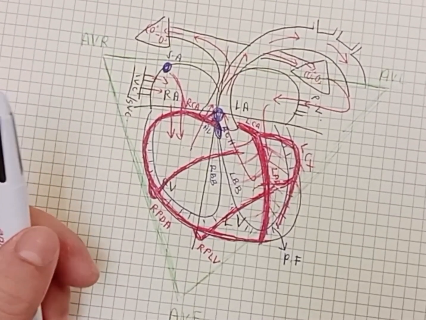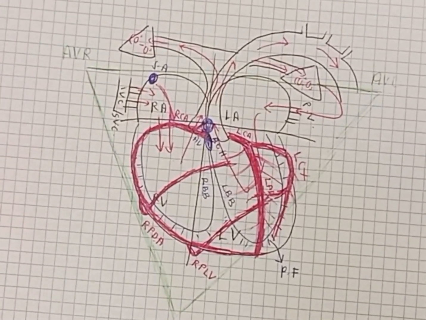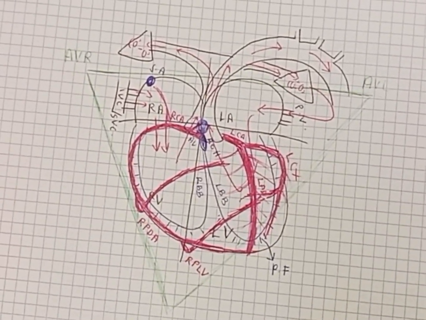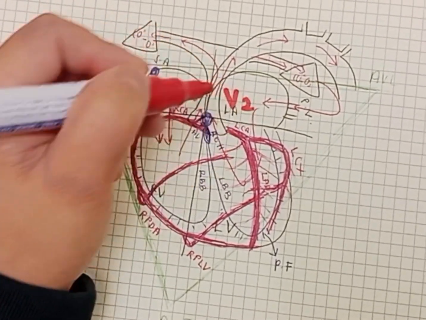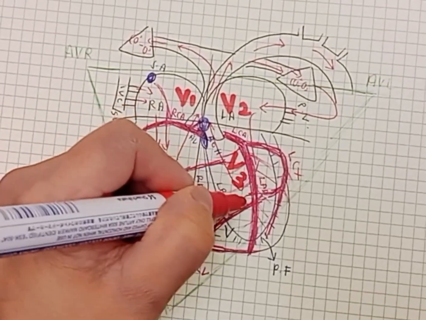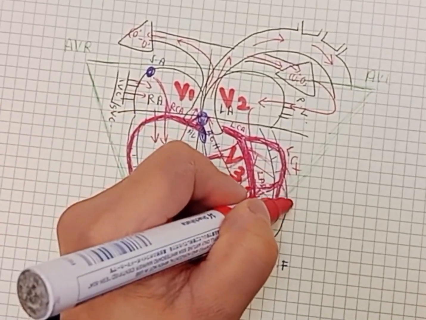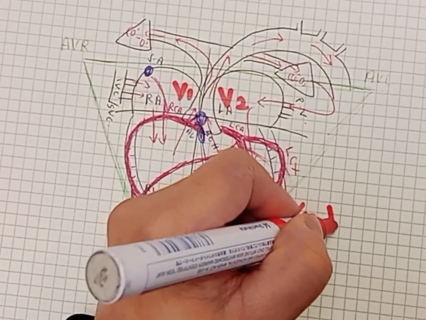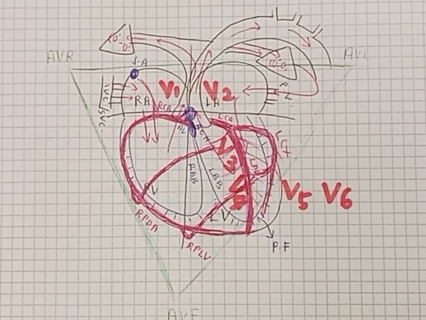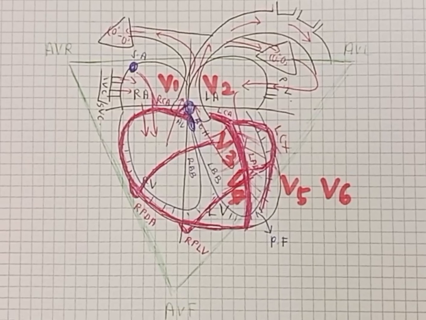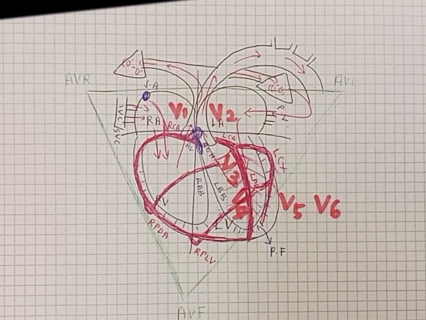Now we have V1, V2, V3, V4, V5, V6. So this is our 12 lead ECG, where we put the 10 electrodes on the patient's body.